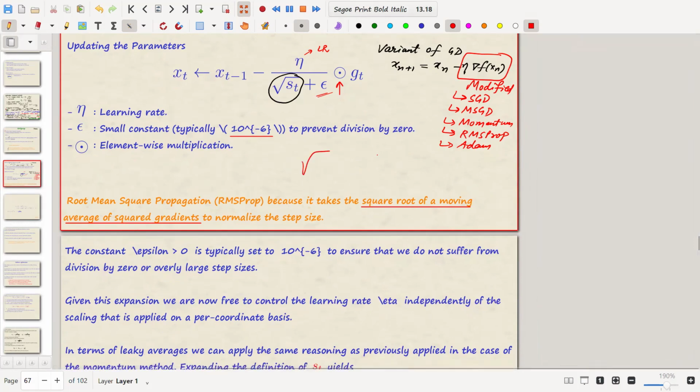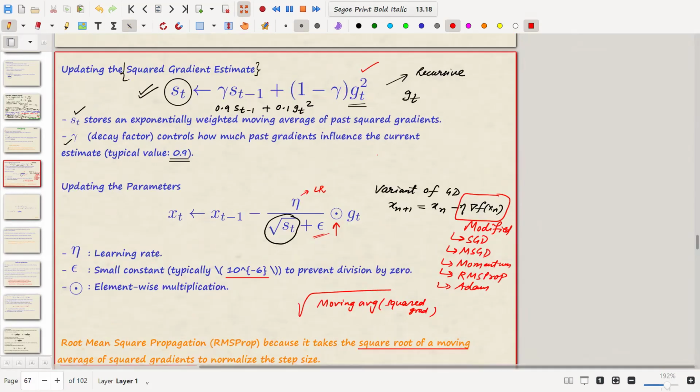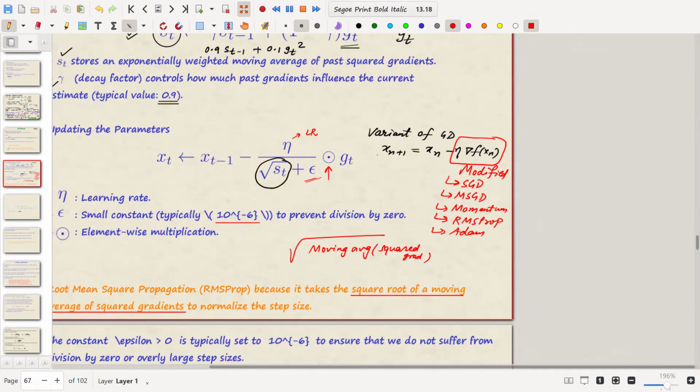You are taking the moving average of what? Of squared gradients. You saw why it is squared gradients, because you are taking nothing but gt squared here. Fine. Therefore, it is known as root mean square propagation.